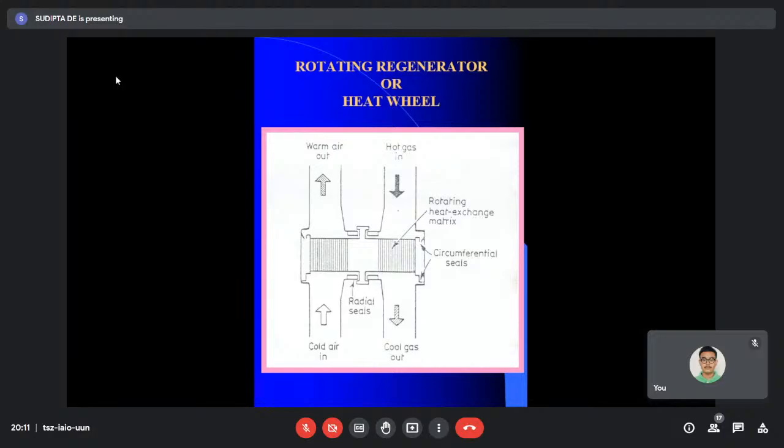Recuperative heat exchange is the process of heat transfer between two working fluids, flowing simultaneously and separated by a conducting surface.